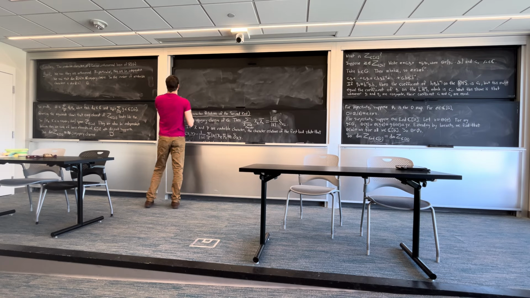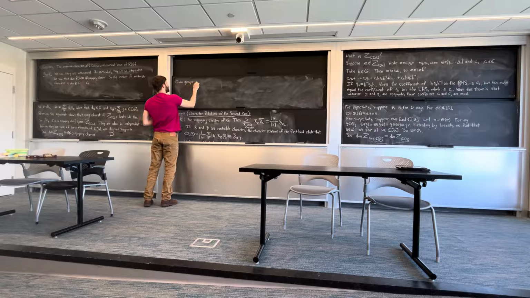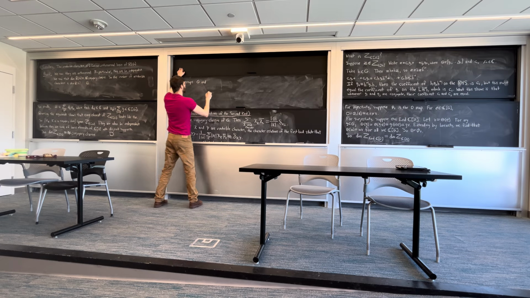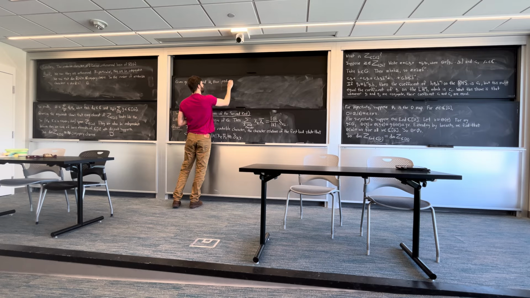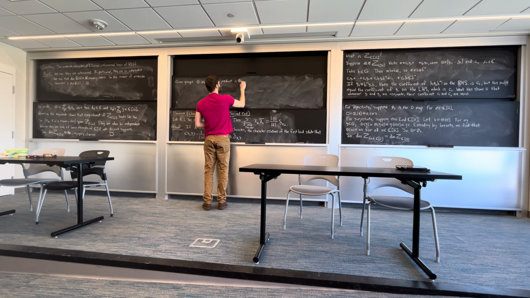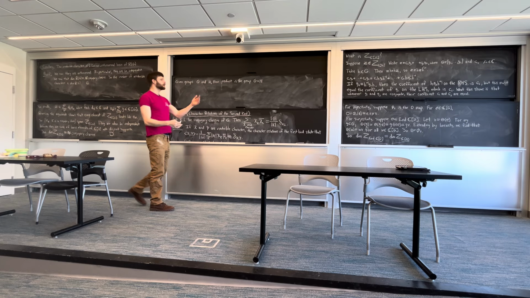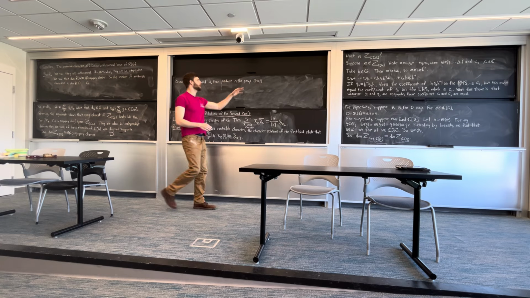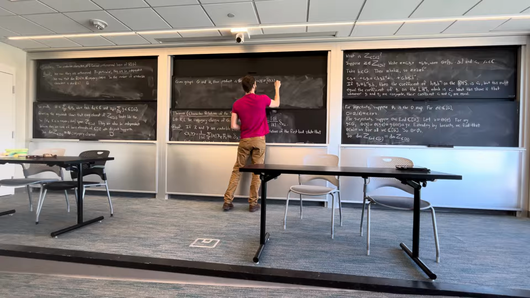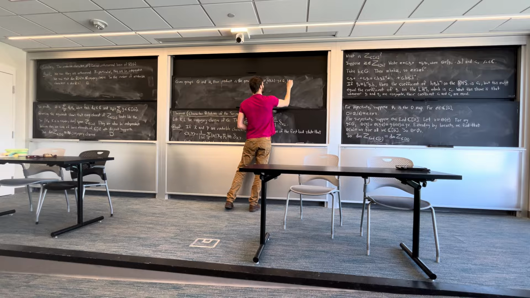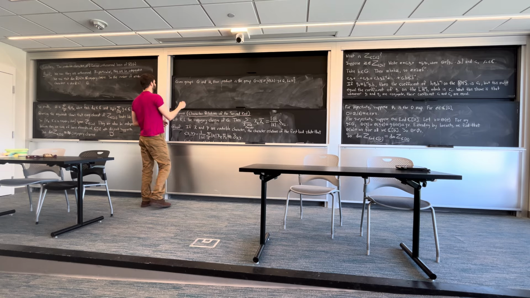Given groups G and H, their product is the group G times H, and the elements of the product group are just the Cartesian product of G and H as sets, so they're just ordered pairs (g, h) such that g is in G and h is in H. And the multiplication is just the obvious thing.